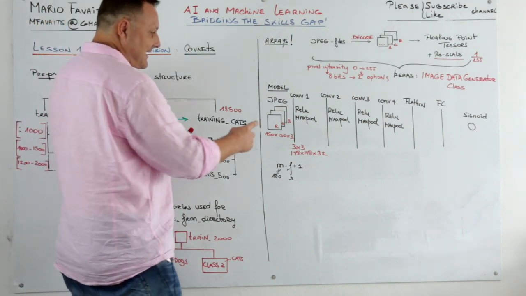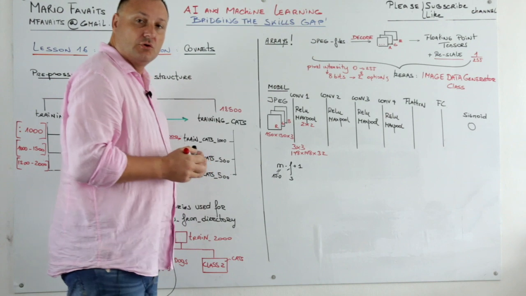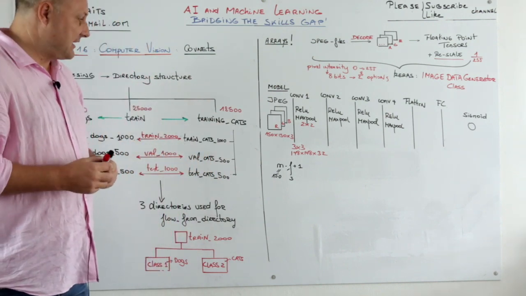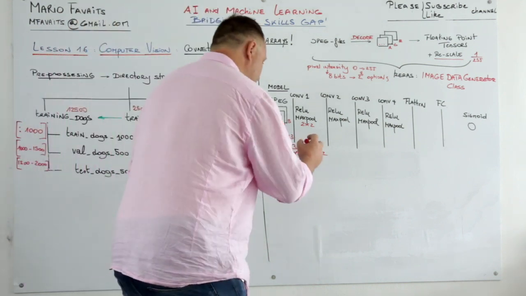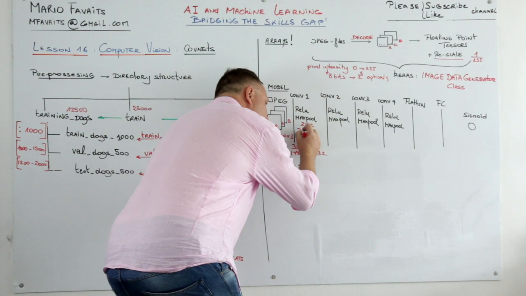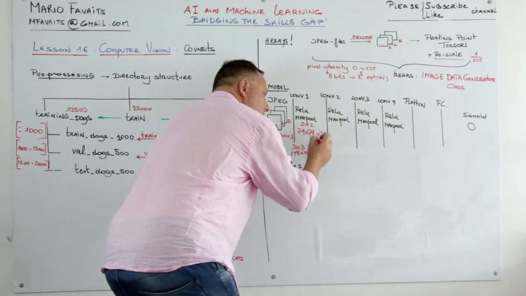And then we're going to use a max pool, and the max pool is going to be a 2 by 2. And remember, a max pool halves the size of the image. So here you're going to go from 74 times 74 times 32.